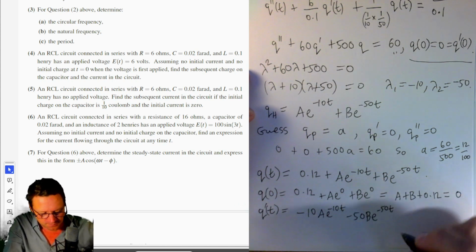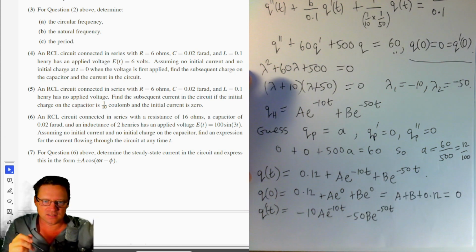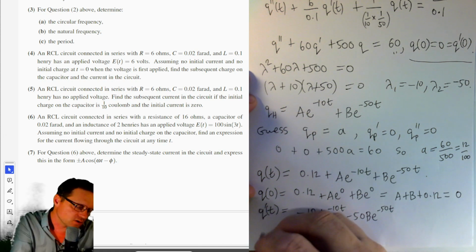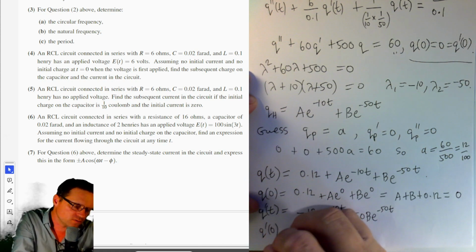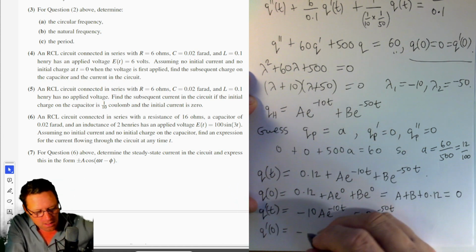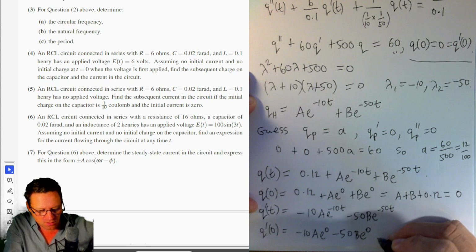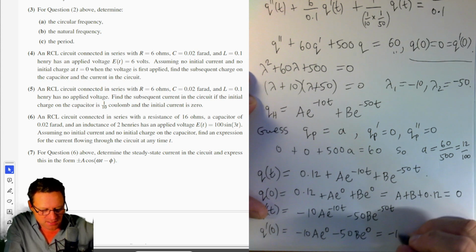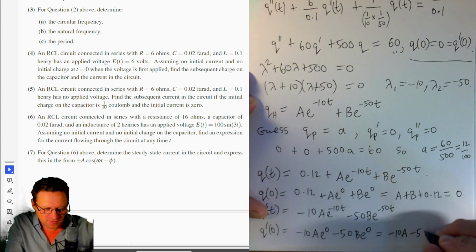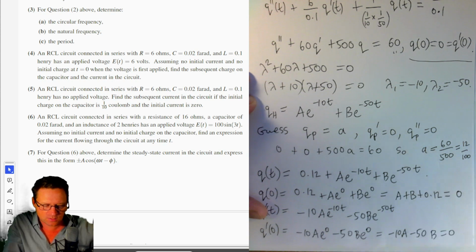And when we sub in t as 0, we'll get 0. So now q dash of 0 is equal to minus 10a e to the 0 minus 50b e to the 0. And so we have minus 10a minus 50b is equal to 0.